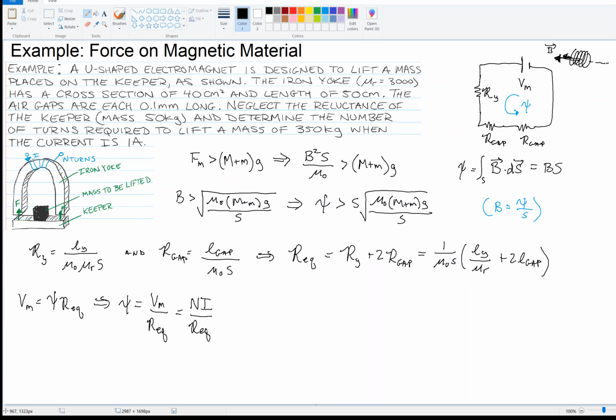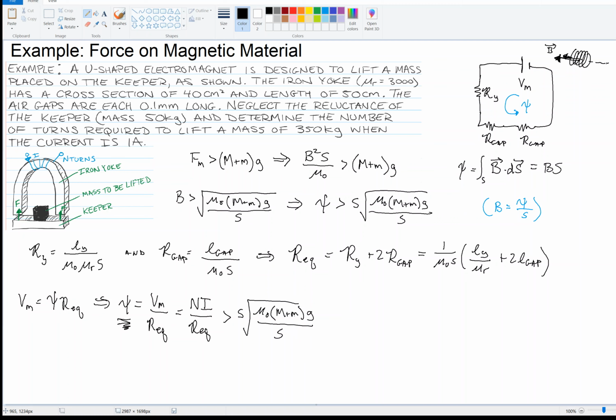And because this thing is psi, the flux, this thing now must be greater than or equal to this over here: S times the square root of mu 0 m plus m times gravity over S, like that.